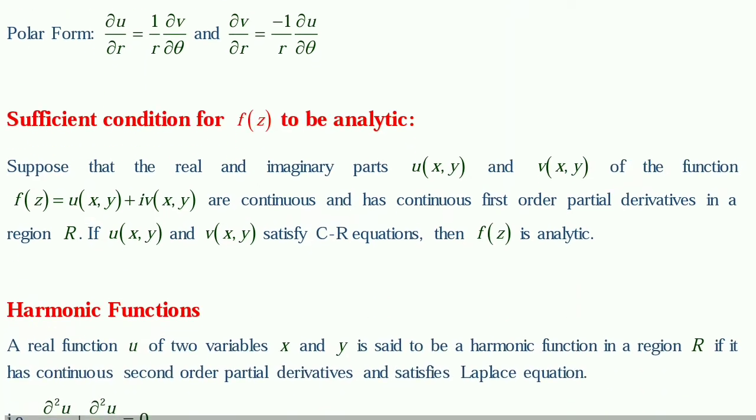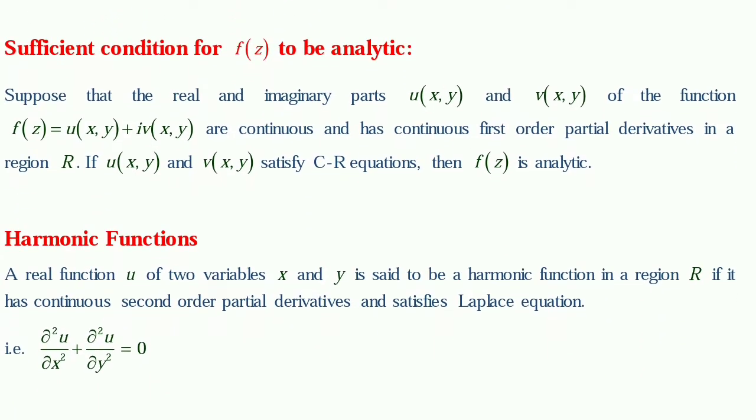Next, sufficient condition for f of z to be analytic. Suppose that the real and imaginary parts u and v of the function f of z = u + iv are continuous and have continuous first order partial derivatives in a region R. If u and v satisfy CR equation, then f of z is analytic.